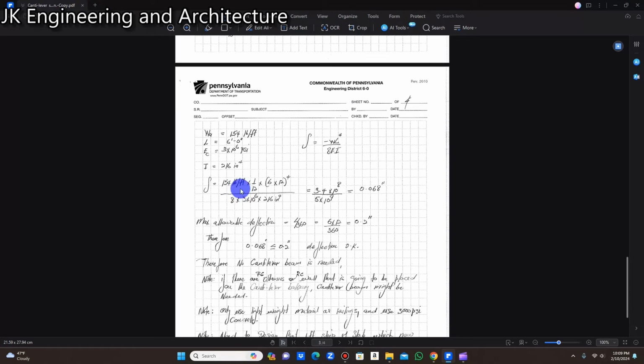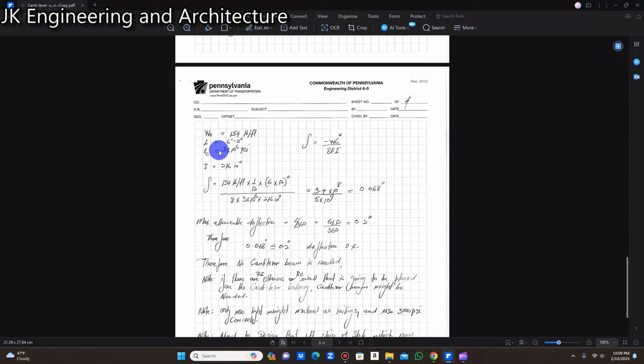So the amount of deflection is going to be 154 pounds per foot times 1/12, because remember I've said that I want the deflection result to come out in inches, so I have to convert my feet to inches. So I simply divide the 154 pounds per foot by 12.